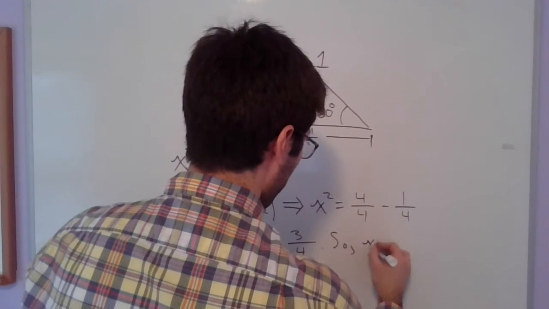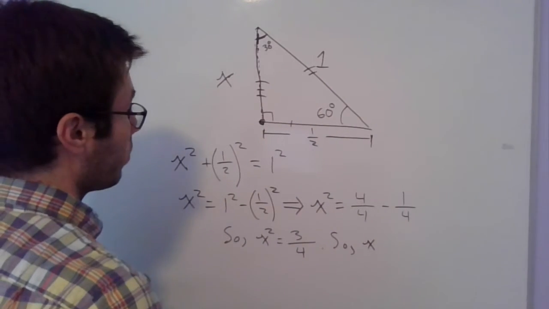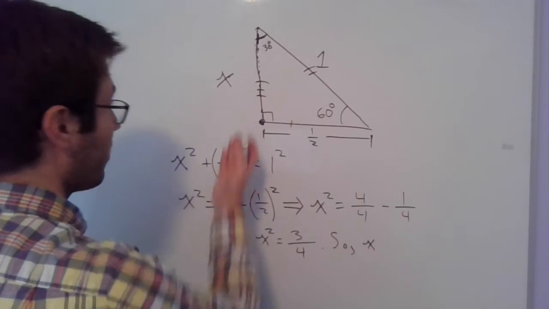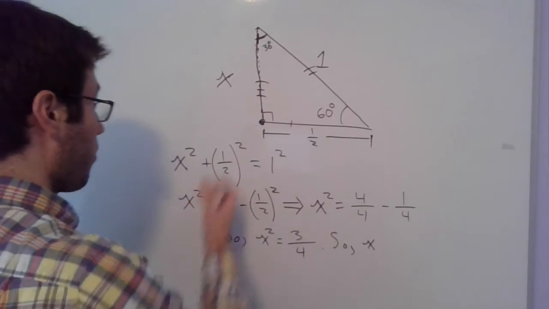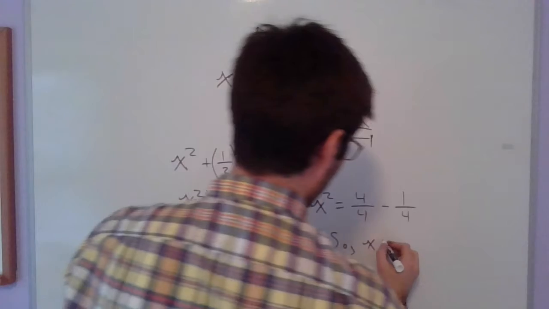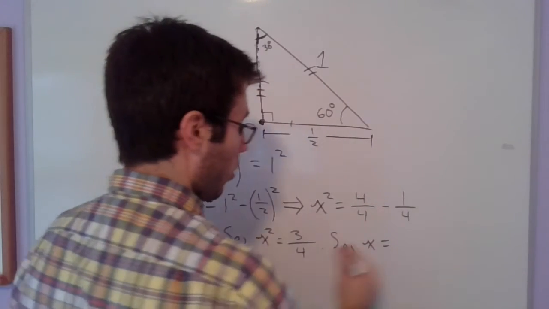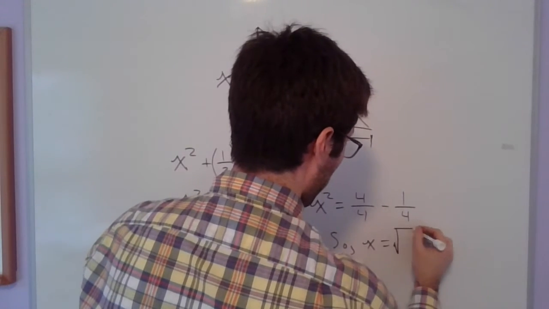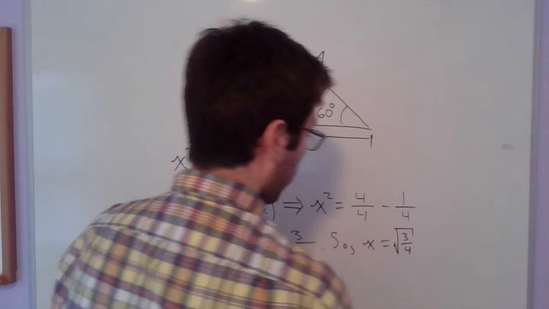So x, we take the square root of both sides. Again, we don't want the negative value. X is not negative here. It's a positive distance, so I can ignore the negative case. So x is going to be equal to the square root of 3 over 4.